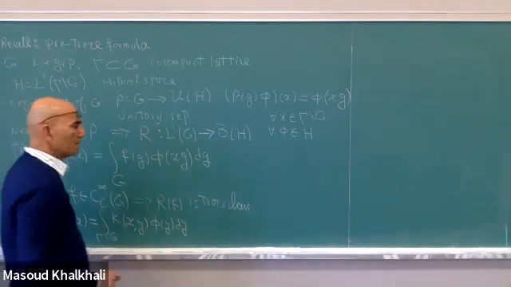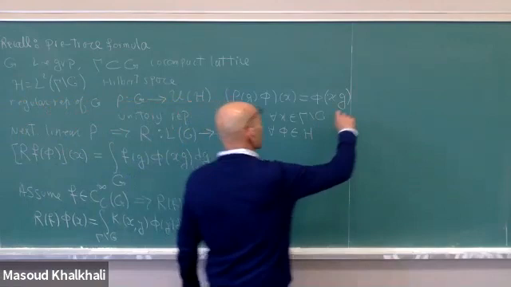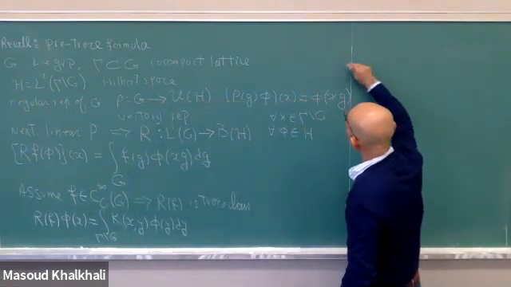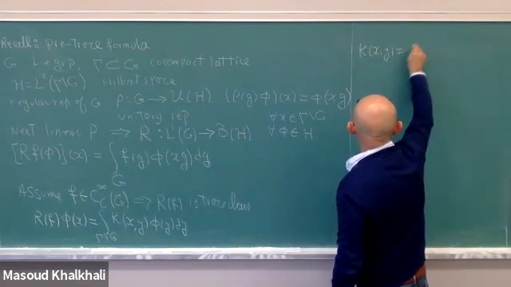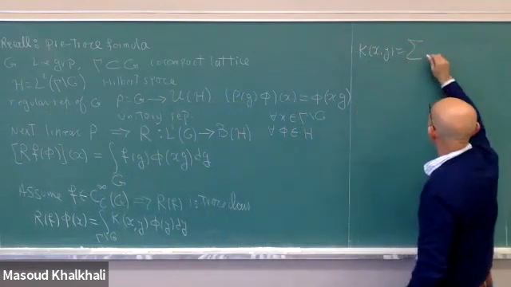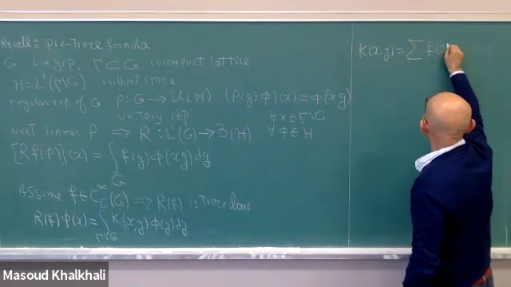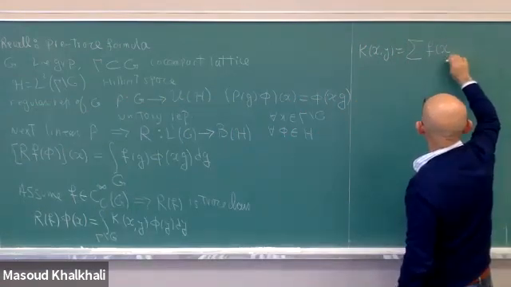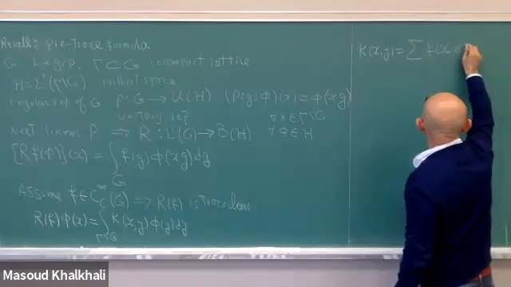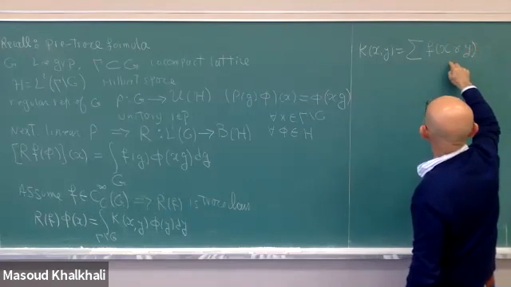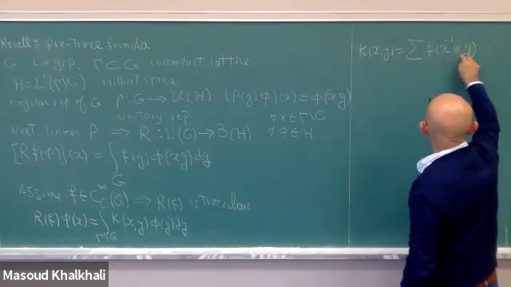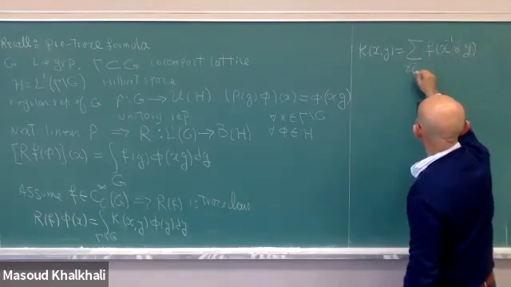where this kernel K of x and y turned out to be the sum of f of x inverse gamma y, gamma belonging to gamma.